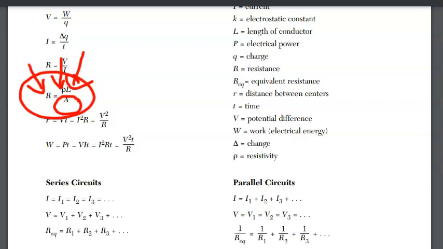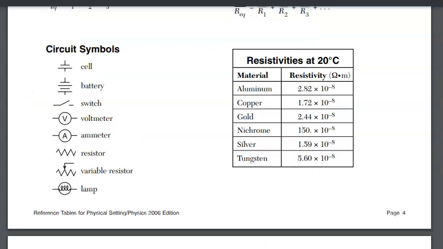Again, what am I doing? I'm looking at the mathematical relationships of the different variables within the equation. You could certainly be asked stuff like that. In the case of this resistivity table, all of them are 10 to the minus 8. So which wire is going to give us the greatest resistance? Here it is: the nichrome wire. You might have used this for the flame test last year in chemistry.